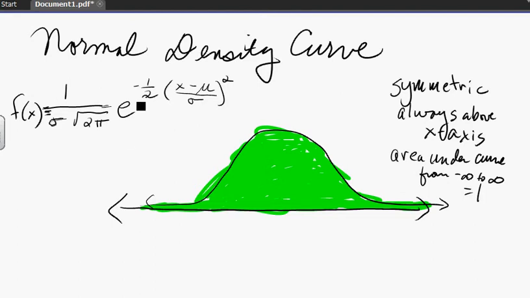So this long, ugly equation represents just the line part. Okay? Just the curve part, not really a line, it's a curve. All right.